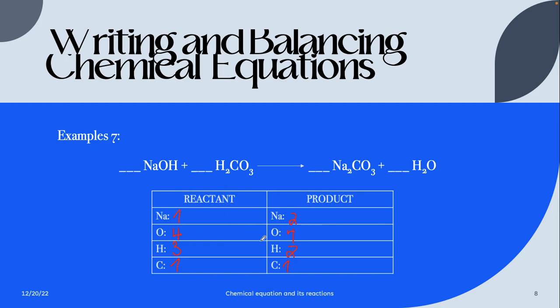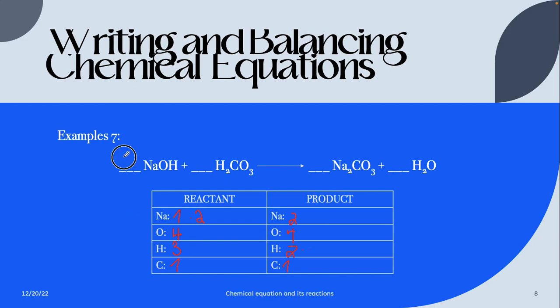Okay, so to make this balance, we are going to look at the sodium, and we need 2 sodiums on the reactant side to match the amount of sodium on the product side.